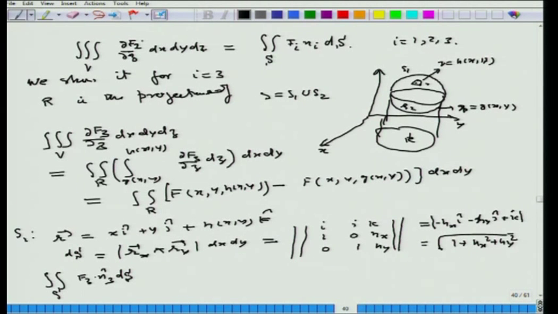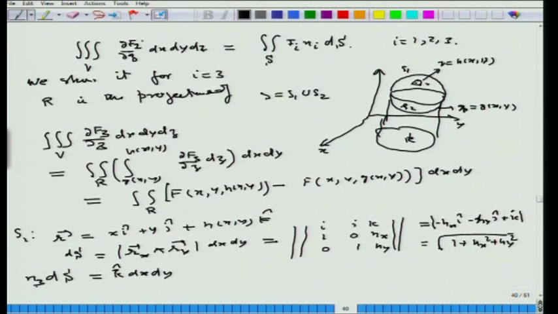Let us first see what this element area actually is. Here, the vector form n 3 ds will be equal to k dx dy, because the n 3 component is just 1 here; n 3 component is the k here.